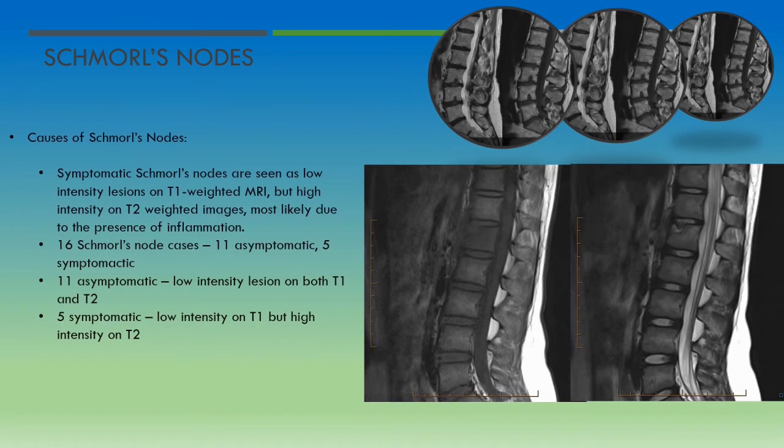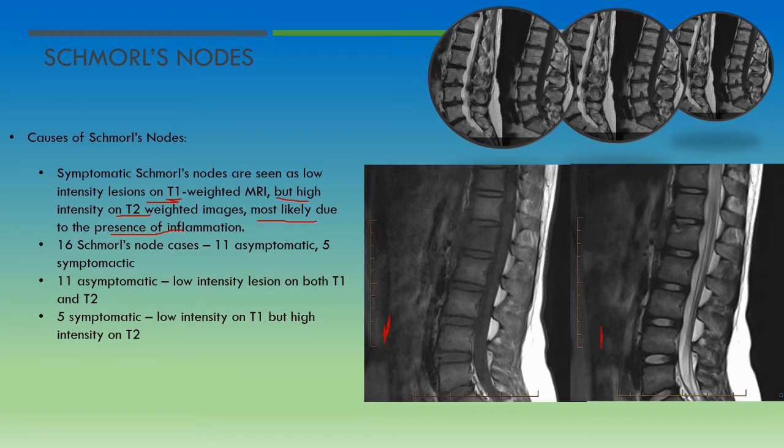On the other hand, symptomatic Schmorl's nodes are seen also as low-intensity lesions on T1 weighted MRI, but are seen as high-intensity lesions on T2 weighted MRI. And this conversion from low signal intensity to high signal intensity is most likely due to the presence of inflammation. So here on the left we have a T1 weighted image, on the right we have a T2 weighted image.